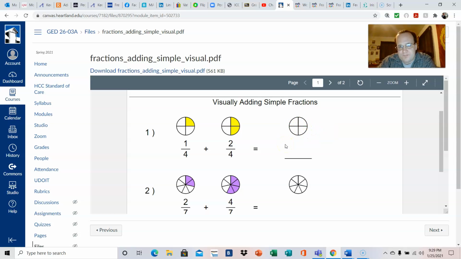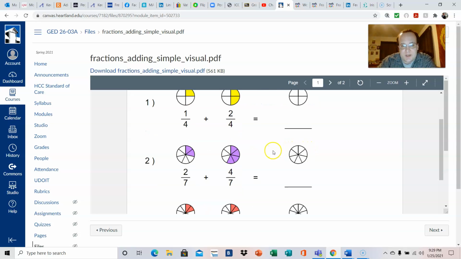Now with these parts, the denominator never changes. It's always 4 over 4. So 3 over 4. It will never be 3 over 8. That's a very common mistake. So the denominator stays the same.